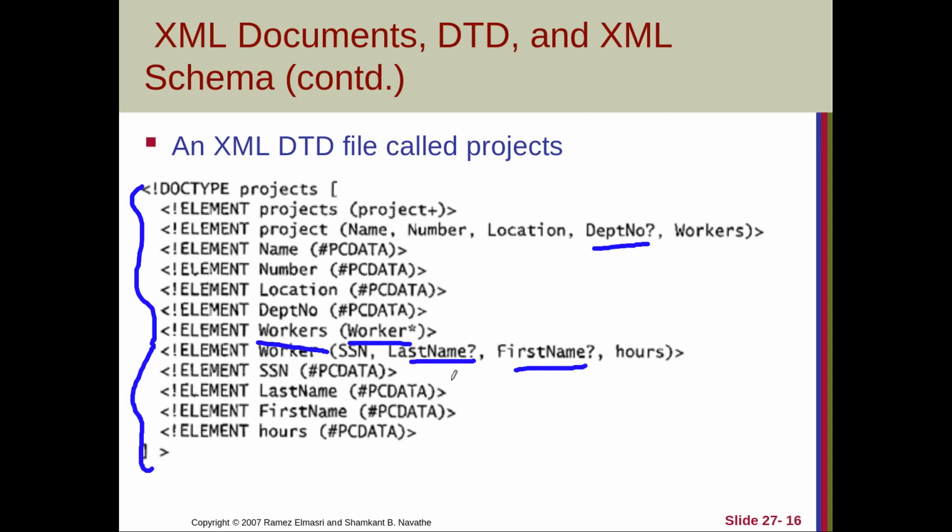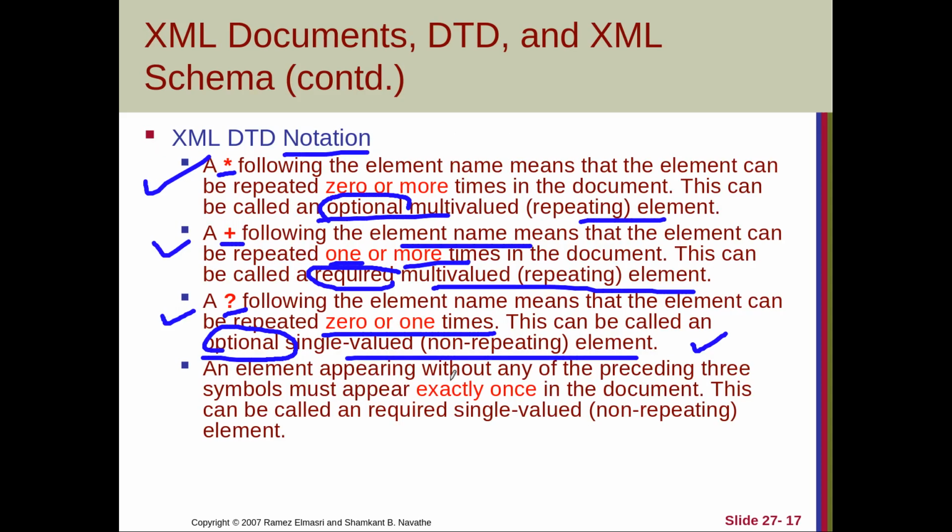So whichever document is following this DTD must strictly follow this DTD. Otherwise, if any one condition is violated by the XML document that is created based on this DTD, we cannot call that XML a valid XML document.